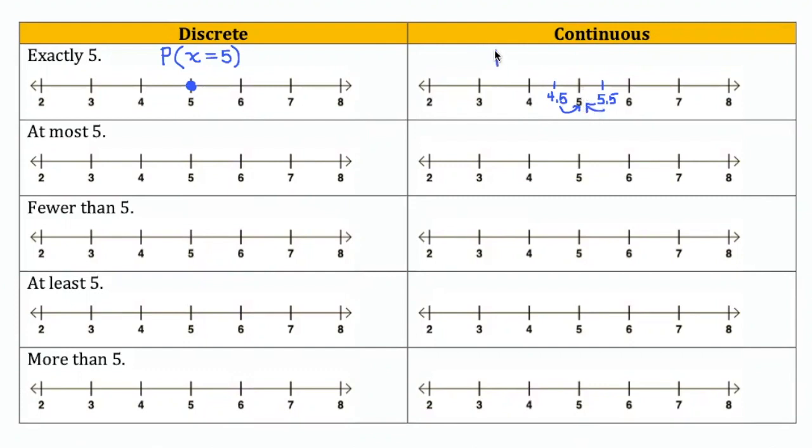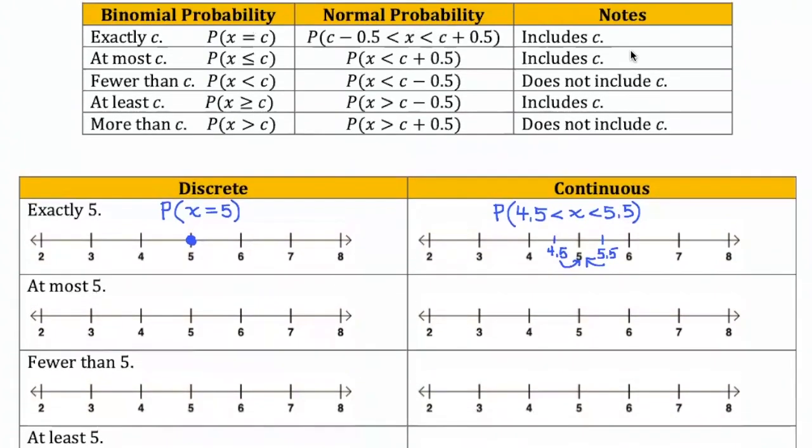So as a continuous probability, I would say I'm going to find the probability that x is somewhere between 4.5 and 5.5. And going back up here, you can see x equals 5. I take 5 and subtract half a unit on the one end of the probability, take 5 and add half a unit on the other end. So you can treat this middle column like a formula, or you can just think about what would round to that value and then include it.